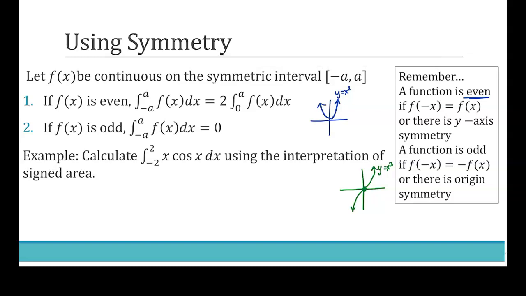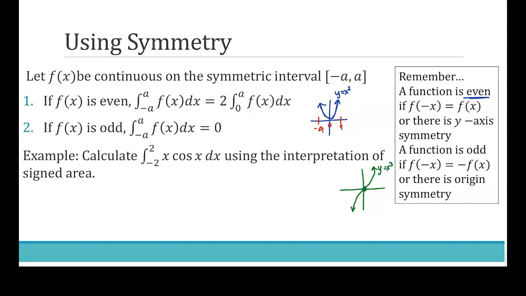If I'm interested in the integral from negative a to a, that would be this area here and this area here, assuming it's symmetric, so these are supposed to be the same value on each side. Then instead of finding the area from negative a to a, an option would be to find the integral from 0 to a instead.